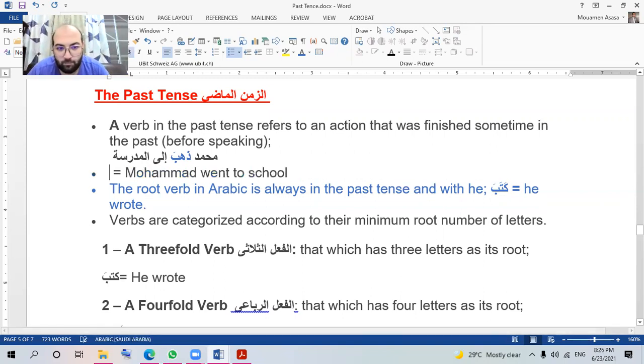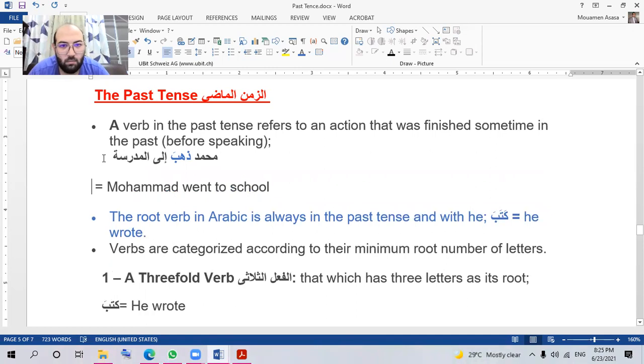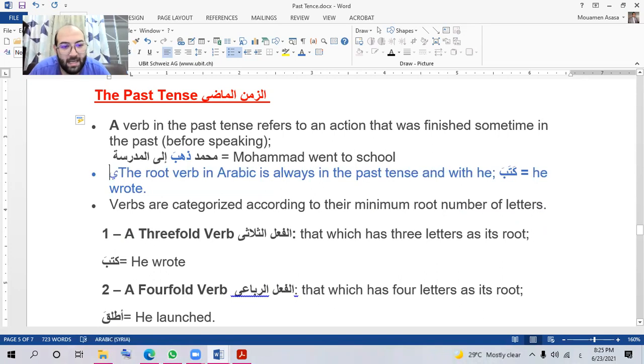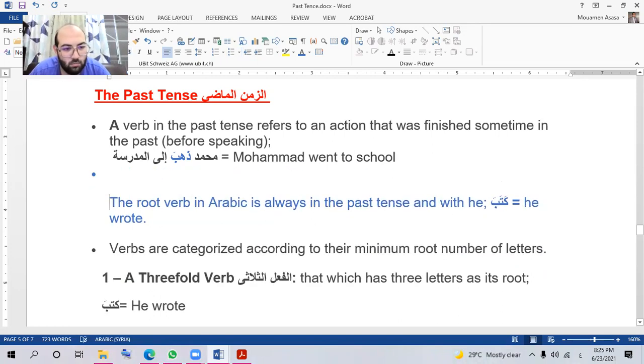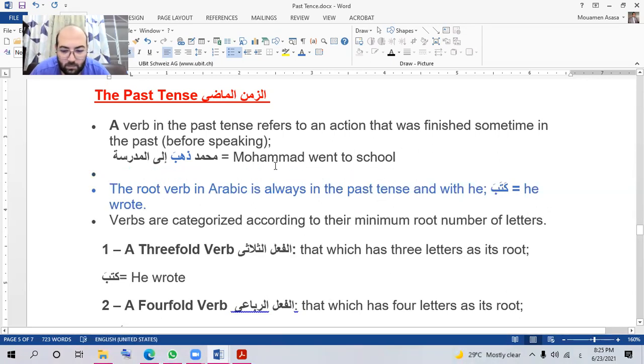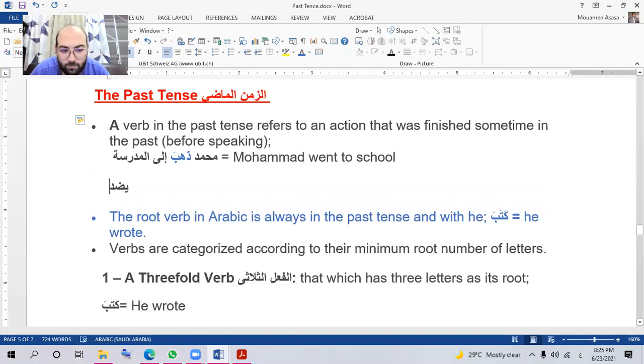That means, when I say يذهب, or the imperative اذهب, you can see that the past tense, the present, and the imperative share these three letters.